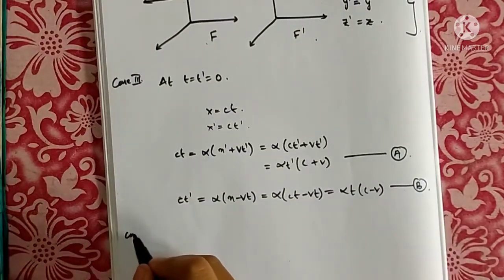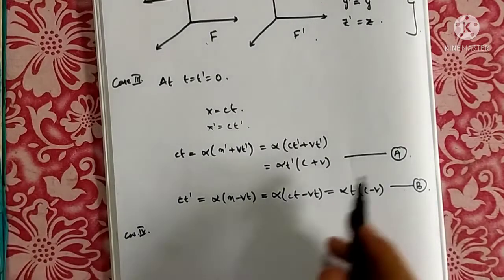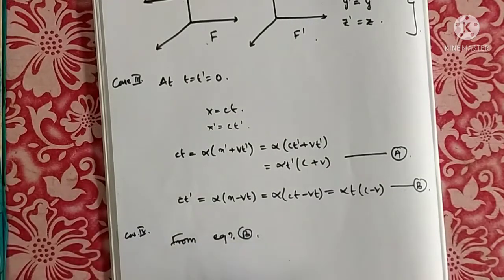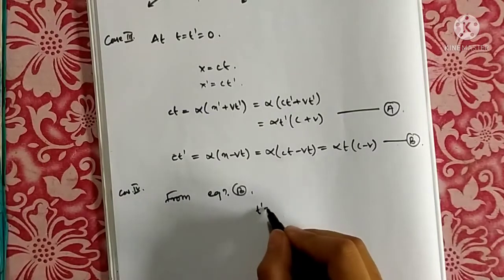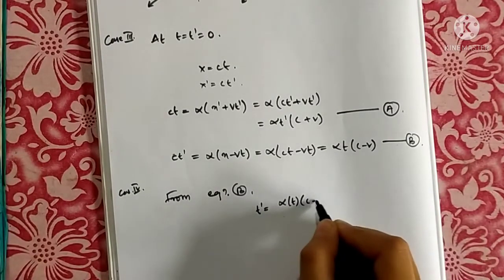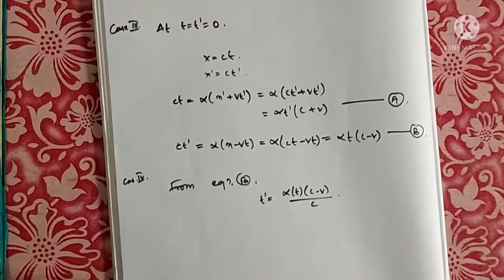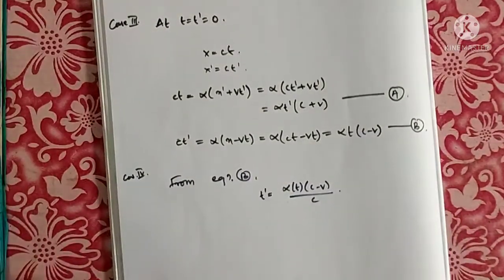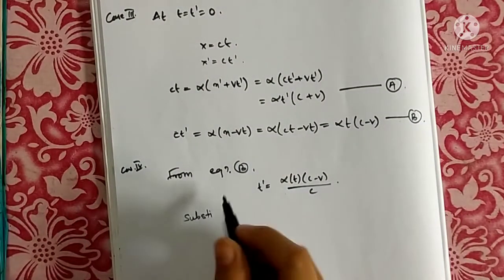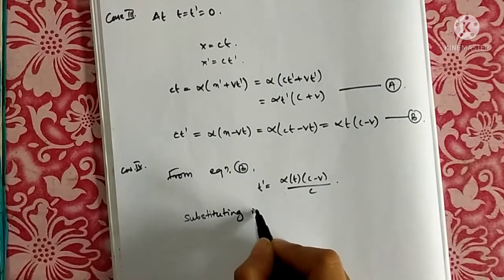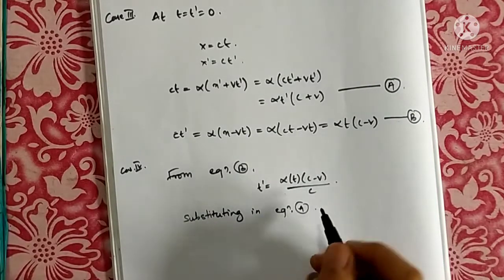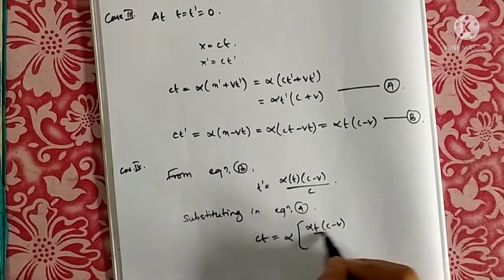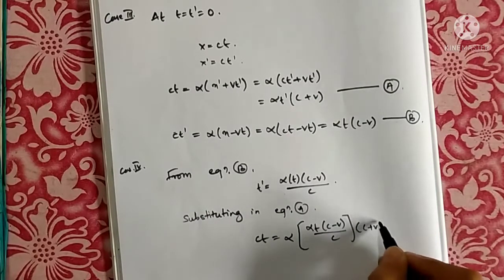Now in case 4, from equation B, we get t prime equals alpha t times c minus v, divided by c. We then substitute this into equation A. Substituting in equation A, we get ct equals alpha squared t times c minus v times c plus v, divided by c.